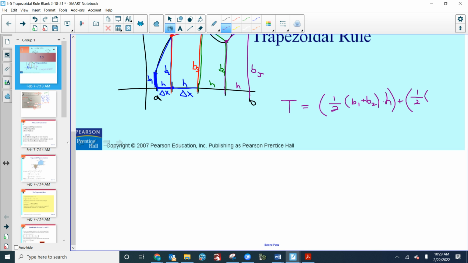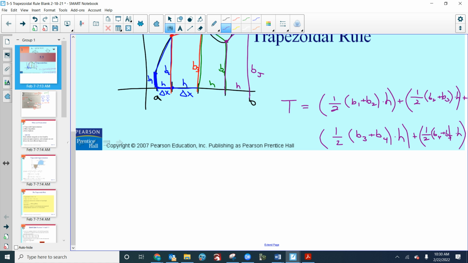What's the next one going to calculate? Not B1 plus B2, but good. B2 plus B3 times H. Plus the next one is 1/2 B3 plus B4 times H. Plus the last one, 1/2 times B4 plus B5 times H.